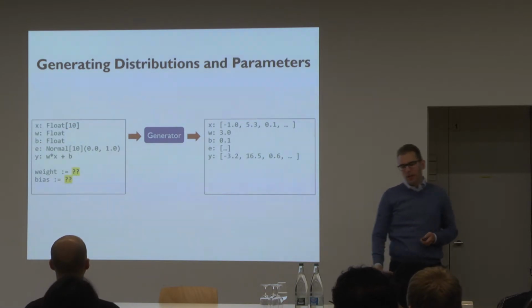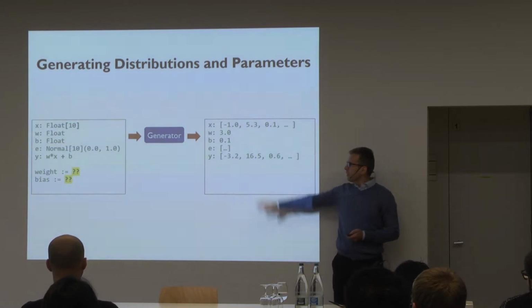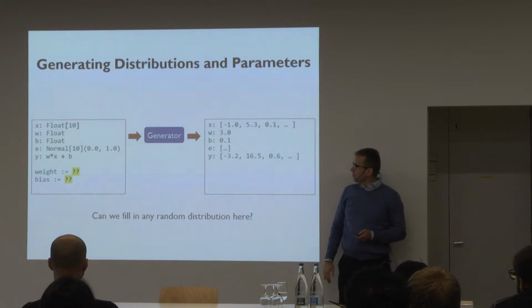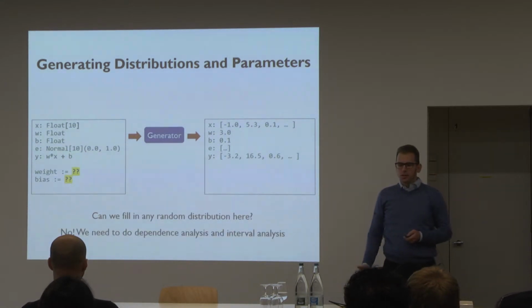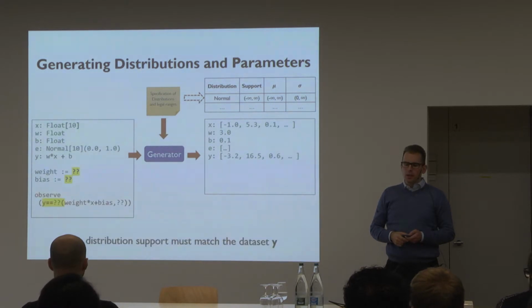Now the model itself can have specifications where we have variables weight and bias that are unknown. Can we fill in any random distribution here? Not really. We'll see that we need to do a little bit of analysis to figure out what are good values for it.